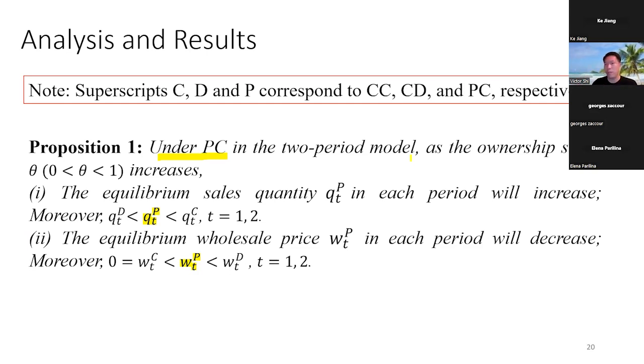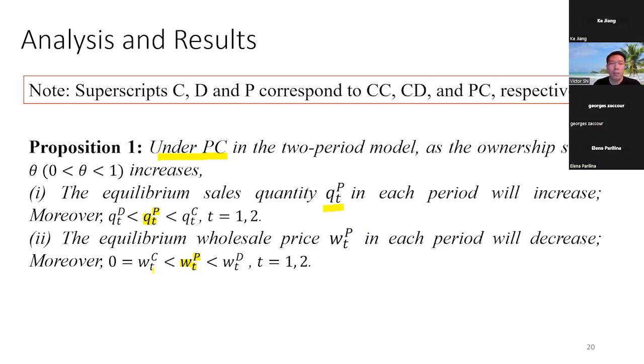If theta is 10%, 20%, 30%, that means the ownership is going to increase. As the ownership share increases, the equilibrium sales quantity in each period is going to increase. The symbol here is a little bit complicated, but T means the period, P means partial centralization. We use C to mean complete centralization, D to mean complete decentralization, P to mean partial centralization.